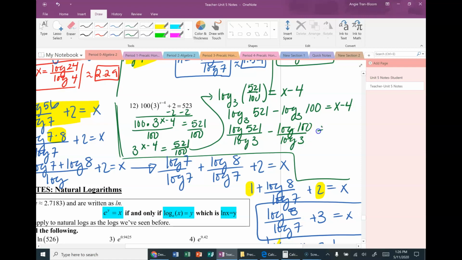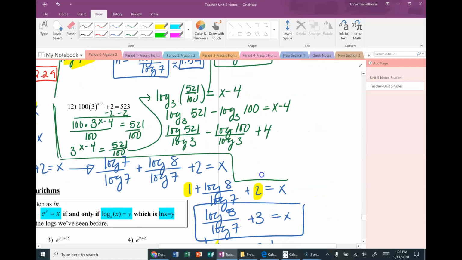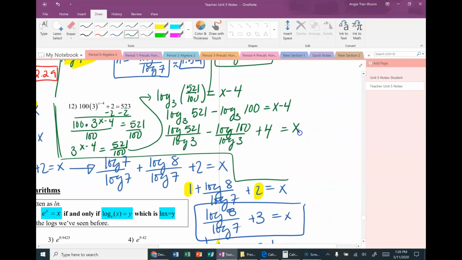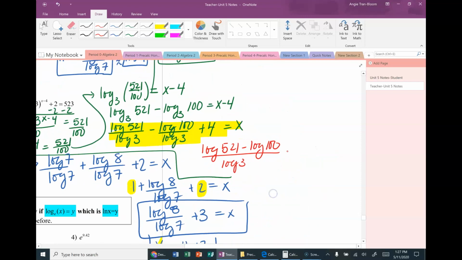At the same time, I'm also going to add 4 over here, and then equals x. Okay, so this could be my exact answer. Now technically, you can even write the first 2 pieces over one denominator here, log of 3, and then plus 4 equals x. That will also be okay as an exact answer.